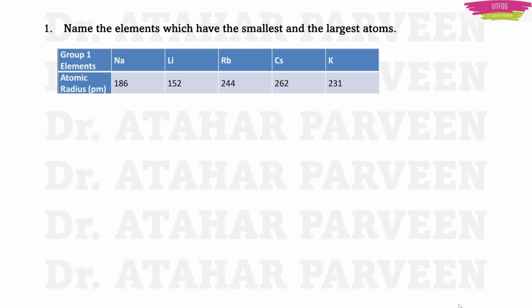So according to the table, the atomic radius is higher for cesium, right? Cs. That means it should have the largest atom, and lithium is smallest, right? So it should have the smallest atom. So the answer should be lithium and cesium. So lithium is having the smallest atom and cesium is having the largest atom.